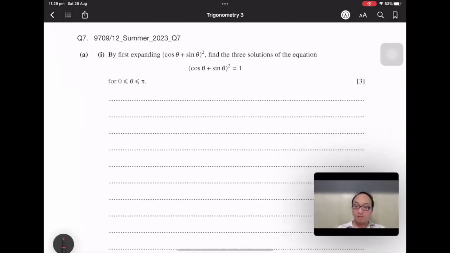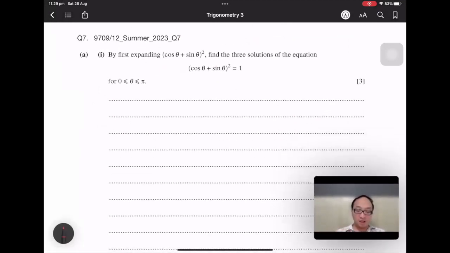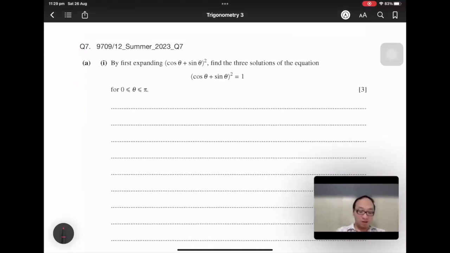7. By first expanding, find the three solutions of the equation for 0 until pi. So we have (cos theta plus sin theta) squared equals 1. So expanded into cos²theta plus 2 cos theta sin theta plus sin²theta equals 1.